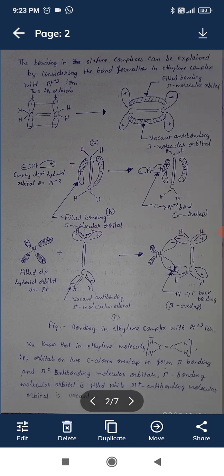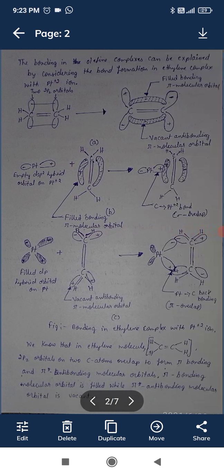So in all three stages, first the filled bonding and vacant antibonding molecular orbitals form. In the second stage, usual bonding happens, where the empty hybrid orbitals of the metal overlap with the filled bonding molecular orbital.